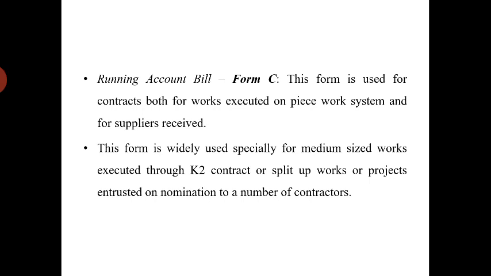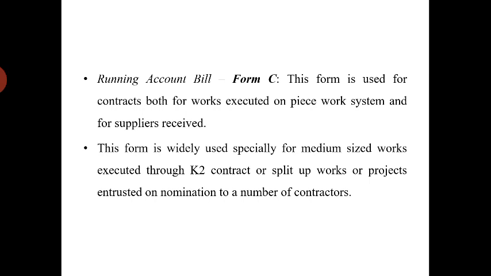K2 contract means roughly 50 lakhs to 1 crore of work; it will fall under that K2 type of contract work. Even if it is lesser, with a single payment they will normally use form C.